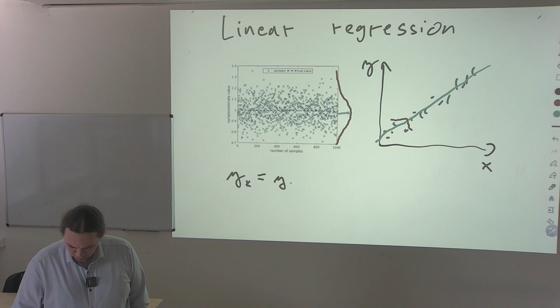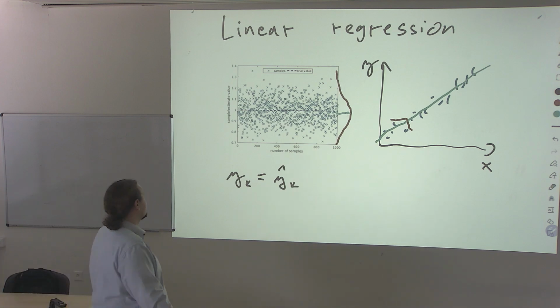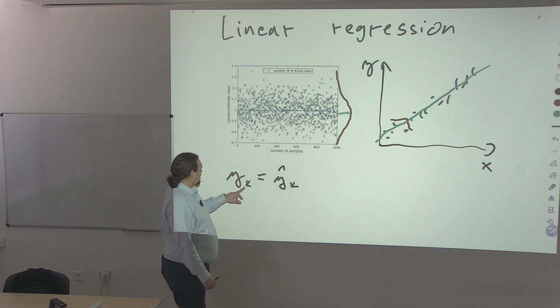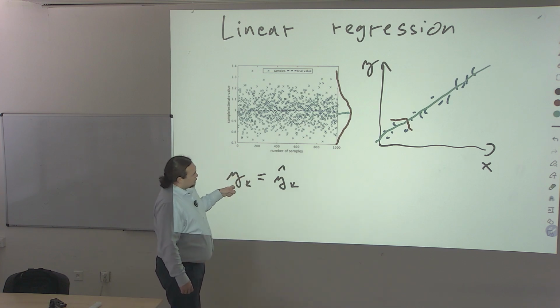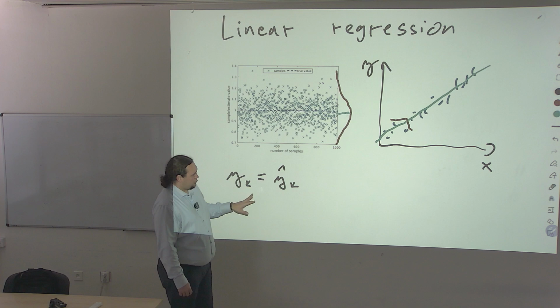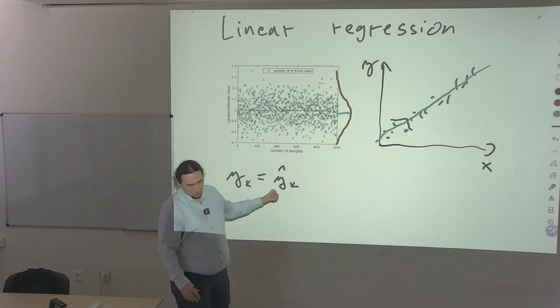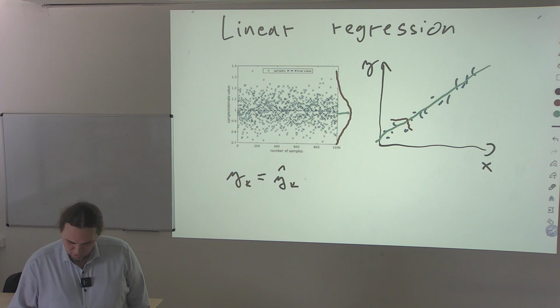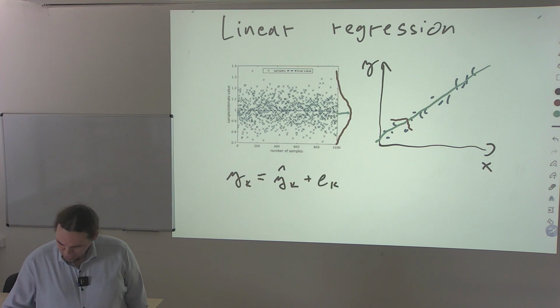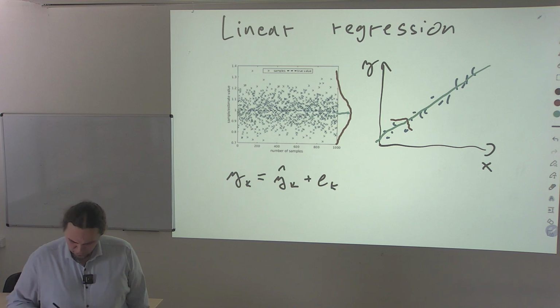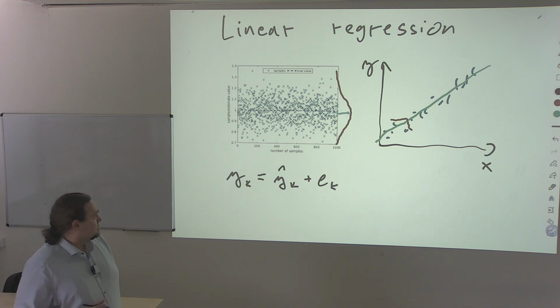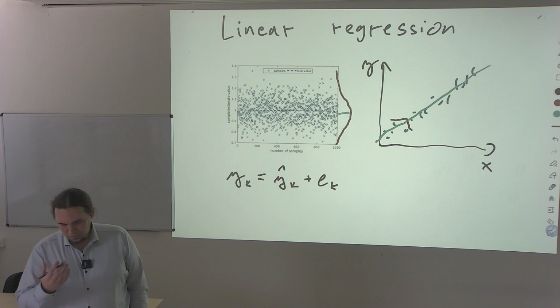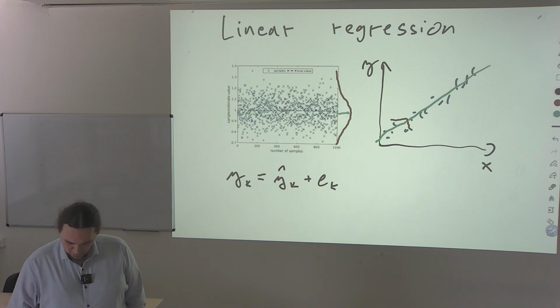We had something similar in the case of estimation of the constant. So we can explain each observation, each data point, with some model, with some prediction, and the rest is the uncertainty, some measurement noise. And we talk about linear regression.